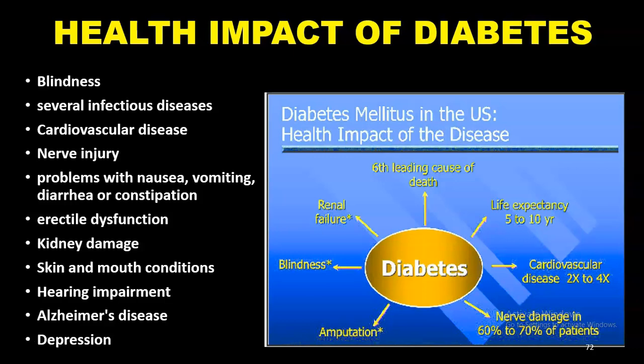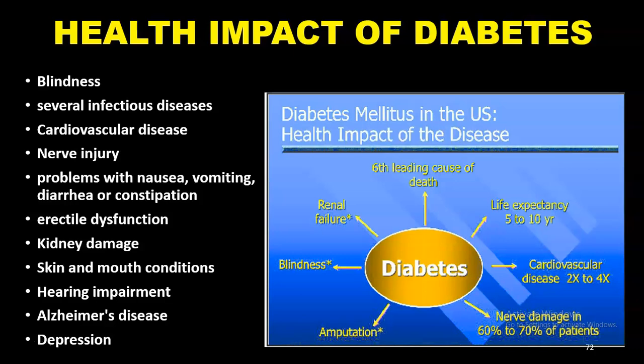Nerve injury, that is neuropathy. The walls of the tiny blood vessels, the capillaries, that feed the nerves might become damaged by an excessive sugar intake, especially in the legs. The tingling, numbness, burning, or pain that may result from this typically starts at the tips of the toes or fingers and progressively moves higher.